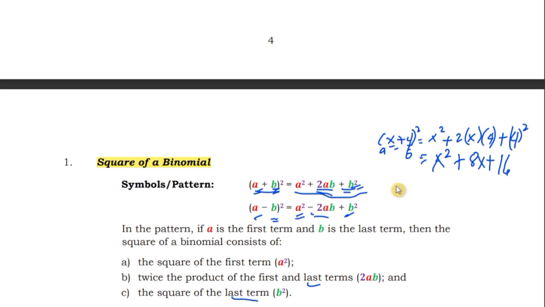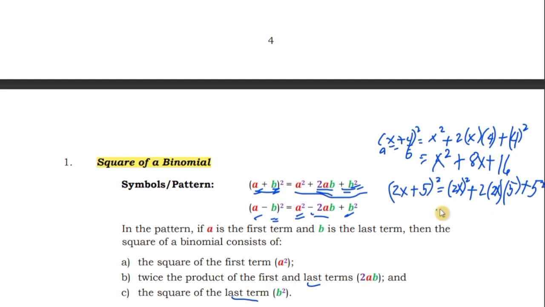Okay, another example, we have 2x plus 5 quantity squared. So we have the square of the first term, which is 2x, added to twice the product of the first term, 2x, and the second term, 5. Then plus 5 squared.